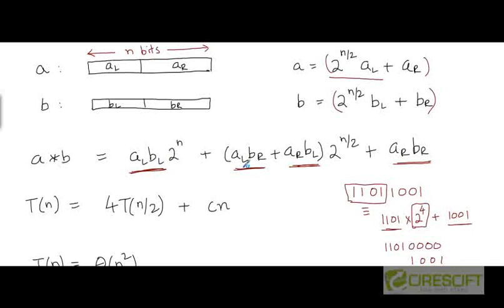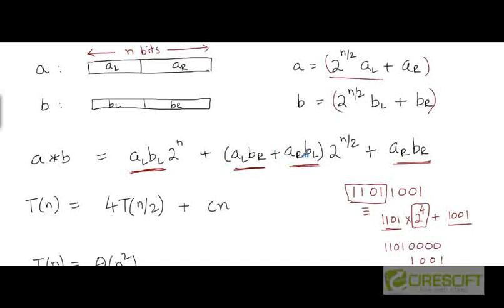So the amount of time needed for these four multiplications would be 4 times t of n by 2. And then the time taken to combine these four products into the overall result would be linear in n or proportional to n, because shifting this result to the left by n bits is just going to take time proportional to n.